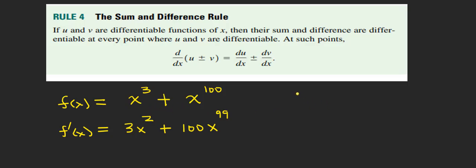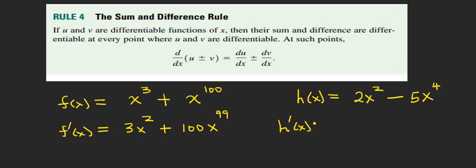So let's say you have now h of x. Let's say h of x equals 2x squared minus 5x to the fourth. Now we have a difference of functions. So what is h prime of x?